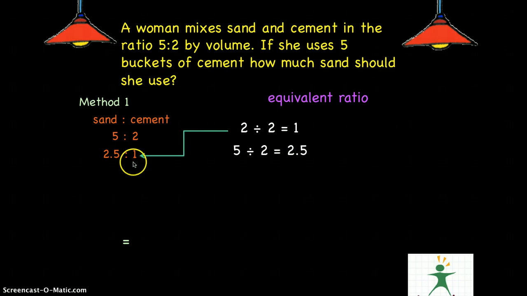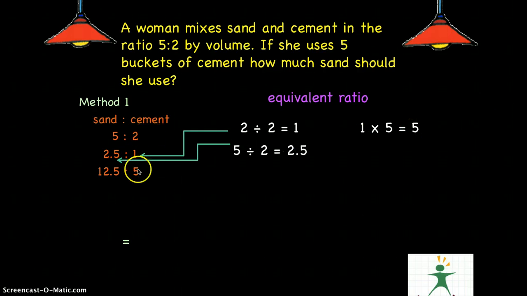Now we know that for 1 bucket of cement, there are 2.5 buckets of sand. But what we want to find out is 5 buckets of cement. So to get 5 buckets of cement, there are actually 12.5. How do we get that? To get 5 from 1, we can multiply it by 5.